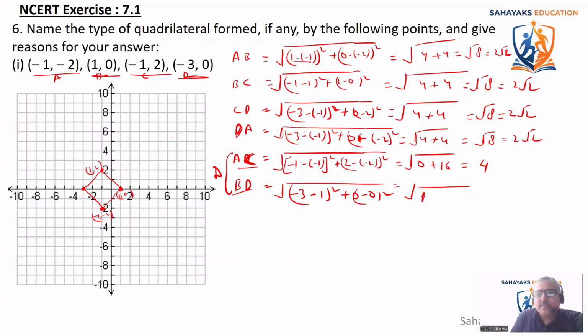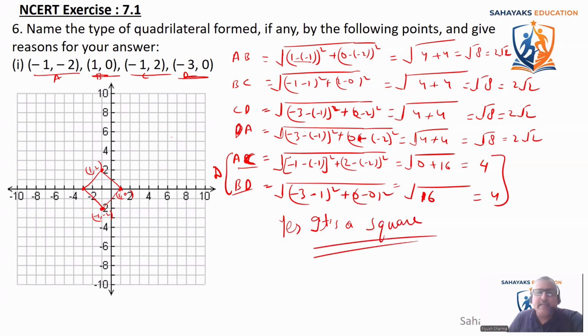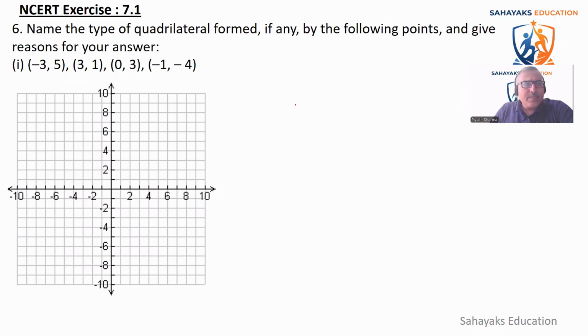Minus 4 square is 16. And that comes out to be 4. See, all the sides are equal and diagonals are also equal. Hence, it is a square. Hence, proved.